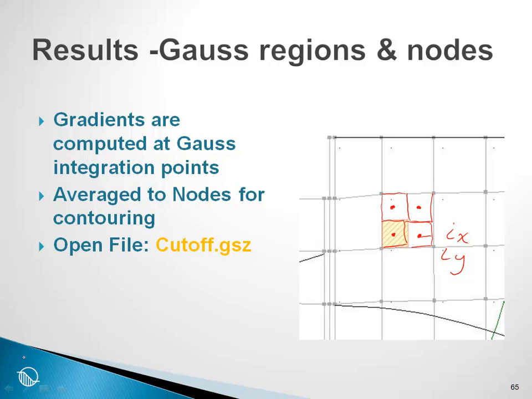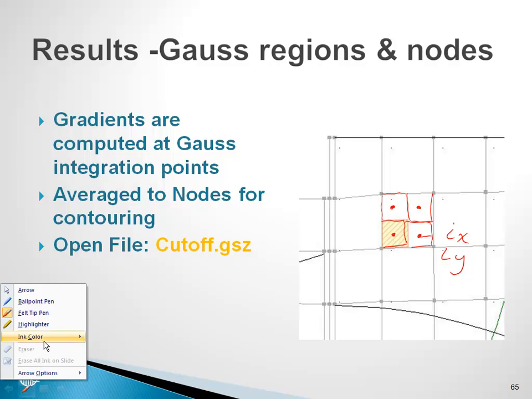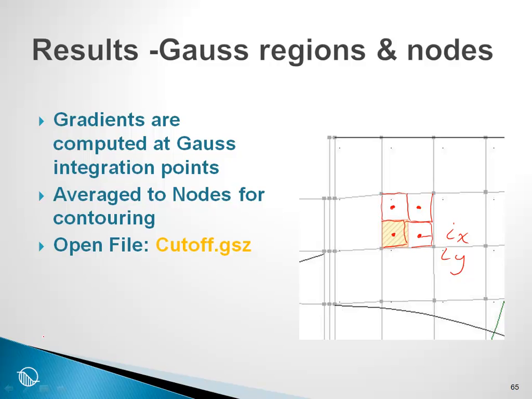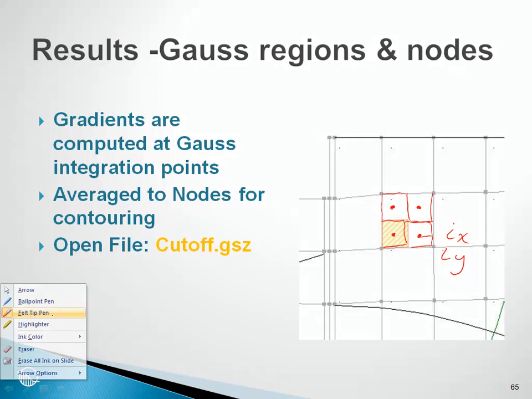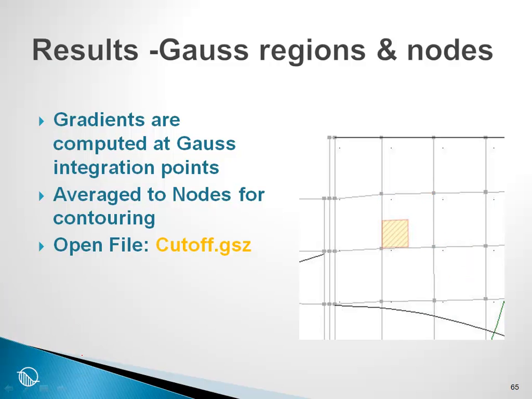For contouring purposes, we average these Gauss values to the nodes. So if we wanted to know the gradient at this node, we would take this value, this value, this value, and this value, and they would get averaged to the node. And we need to do that for contouring purposes.